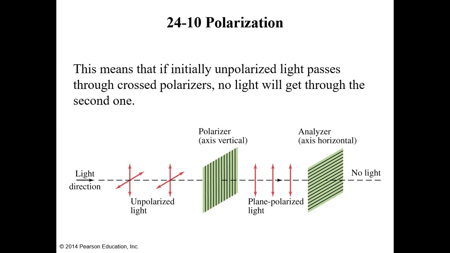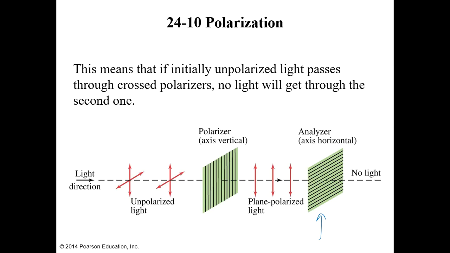You put in a second filter down here, but this time you orient it horizontally. Well, it only allows the horizontal component to pass through. But your light is vertically polarized, which means there is no horizontal component. Therefore, since there's no horizontal component, no light can actually pass through.